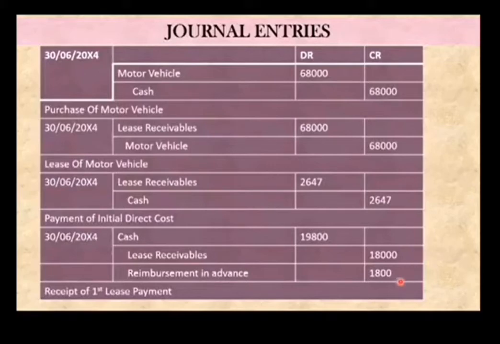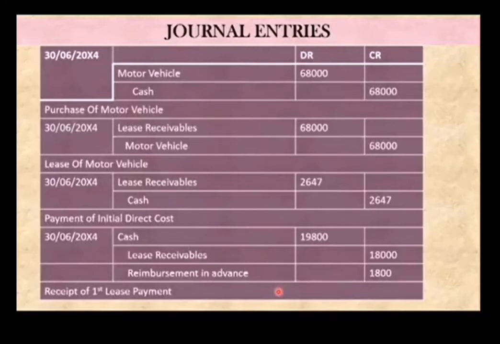And then reimbursement in advance. What is this? This reimbursement is done to protect the lessor by decreasing the lessor's credit exposure. So this is done with the first lease payment.